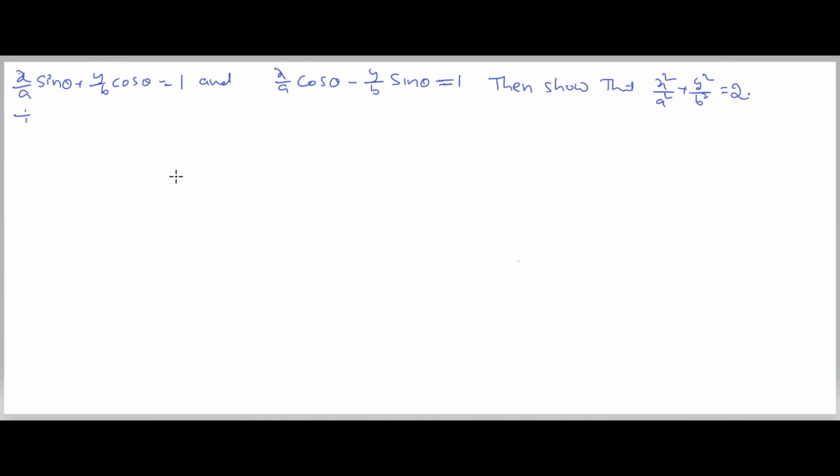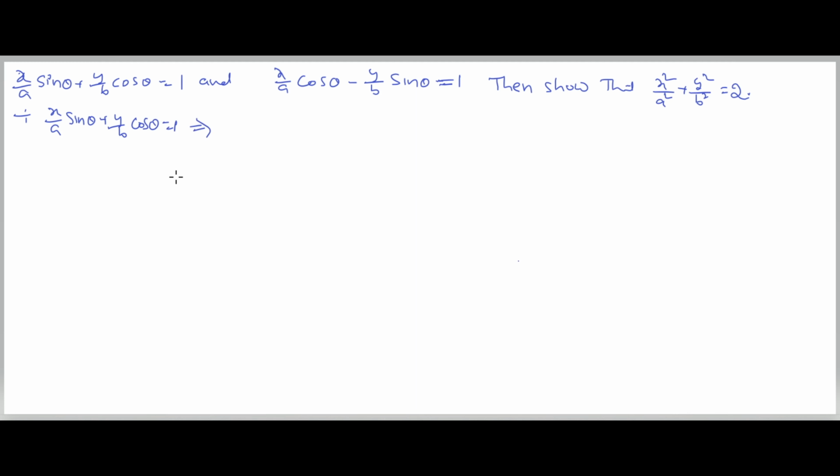That is the answer. If x by a sin theta plus y by b cos theta is equal to 1 and x by a cos theta minus y by b sin theta is equal to 1, then show that x square by a square plus y square by b square is equal to 2. Given equation is x by a sin theta plus y by b cos theta is equal to 1.